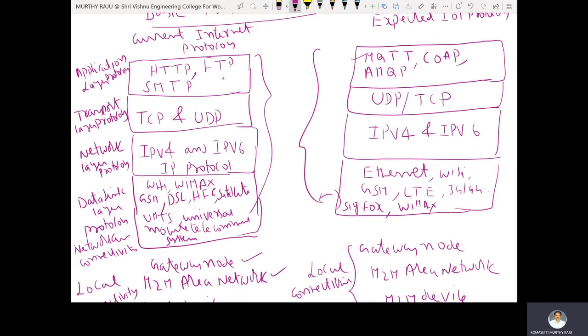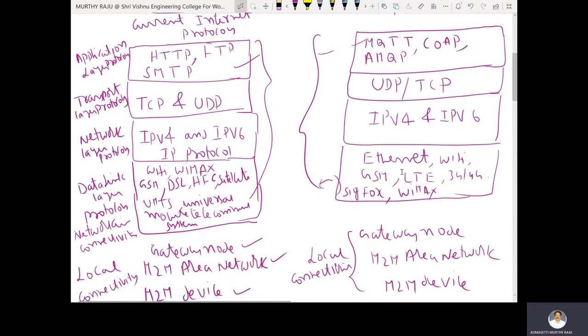We use HTTP for accessing web pages. We use HTTP, FTP, SMTP. When millions of devices are connected worldwide, we need some application protocols: MQTT, CoAP, AMQP. That is the simplified versus full-blown web protocol stack.